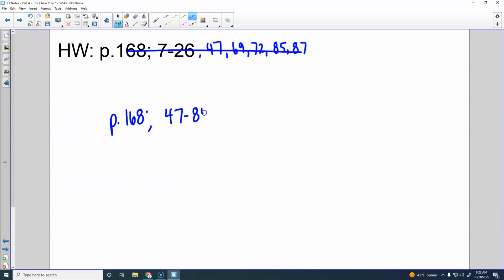It's a lot of problems. Some of them will be really quick. Some of them, when you get towards the end, are going to be a little bit more extensive. Please make sure you're checking the back of the book to make sure you can get your answer to match what's in the back of the book. You got quite a bit of time, so hopefully you can get most of this, if not all of it, done before you go. Okay.